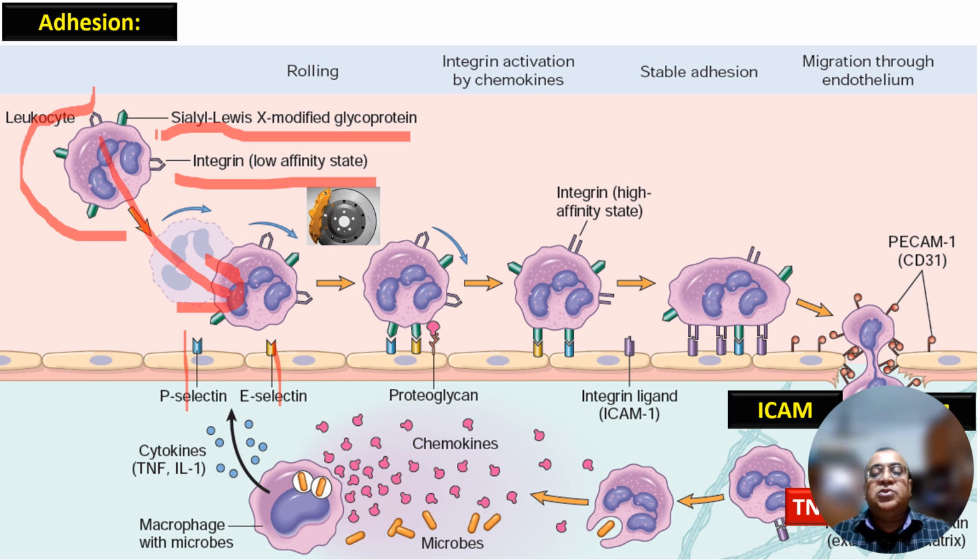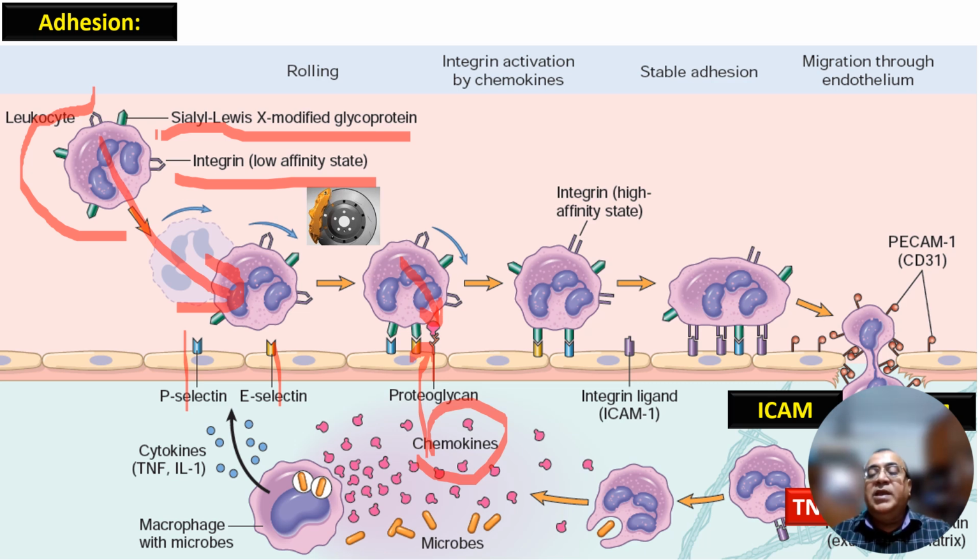These cells are now rolling, and a brake is applied to them by the action of chemokines that interact with the proteoglycans that are present on the endothelial cells, and through this these leukocytes are attached with the endothelial cells.